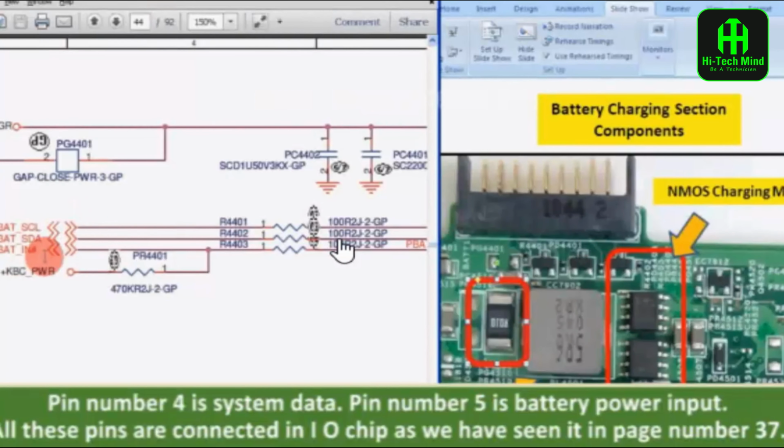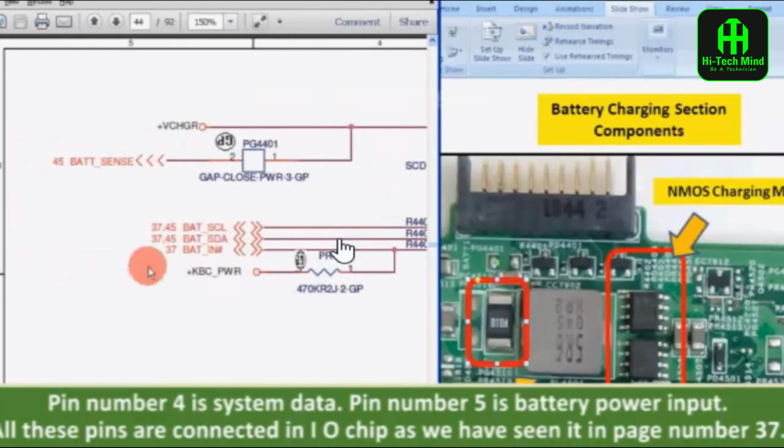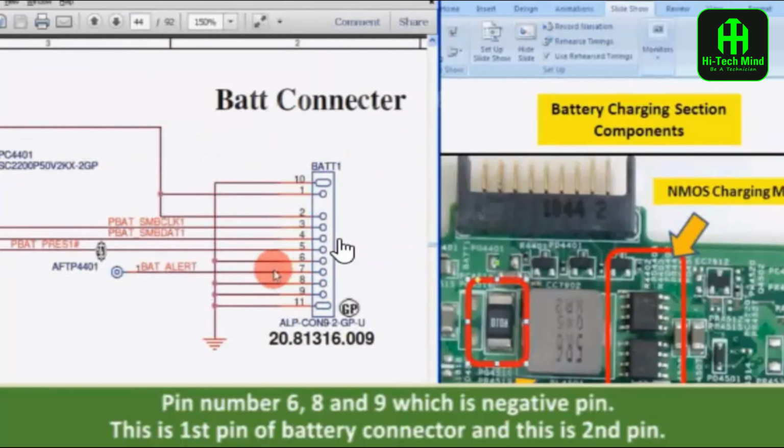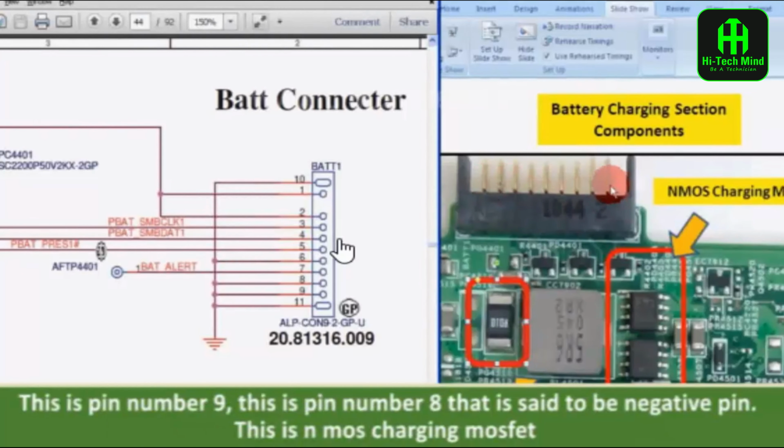All these pins are connected to the I/O chip. We have seen this on page number 37. Pin numbers 6, 8 and 9 are negative pins. This is the first pin of the battery connector and this is the second pin. This is pin number 9. This is pin number 8, which is said to be a negative pin.